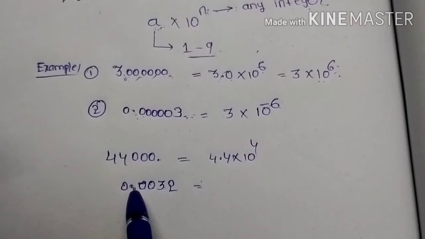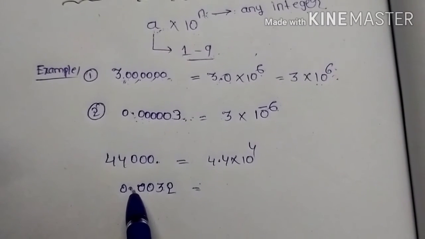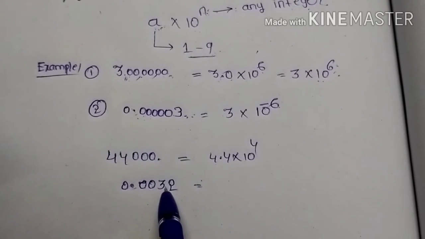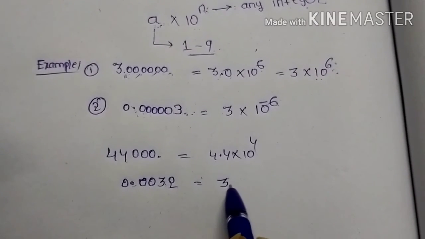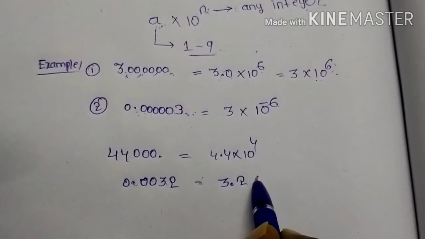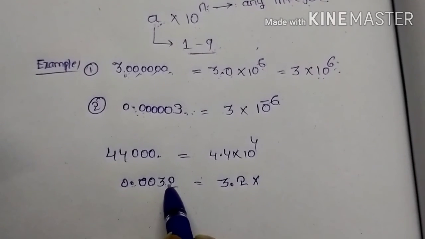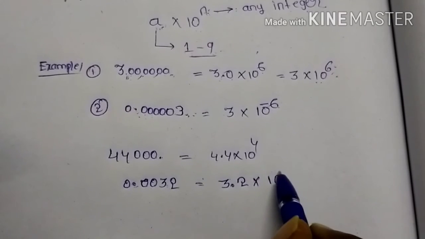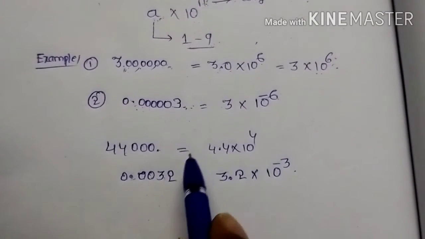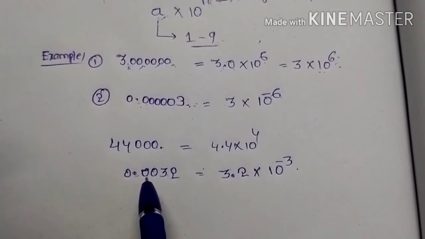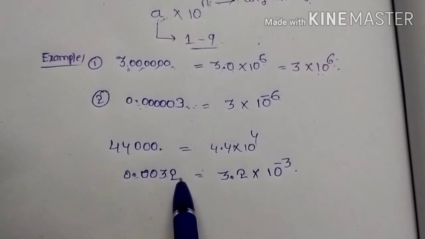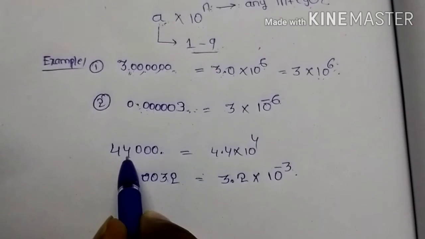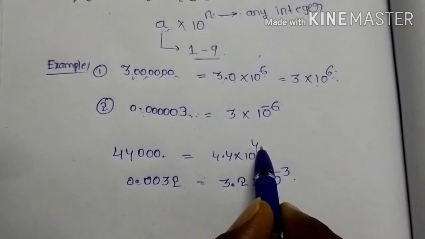That means you can move the decimal point to the right hand side, only 3 places, 1, 2, 3. You will get 3.2 into, the decimal point moves 3 places to the right hand side, 10 power minus 3. Just remember, very, very easy. If the decimal point moves to the right side, you will get a negative exponent. If the decimal point moves to LHS, you will get a positive exponent.